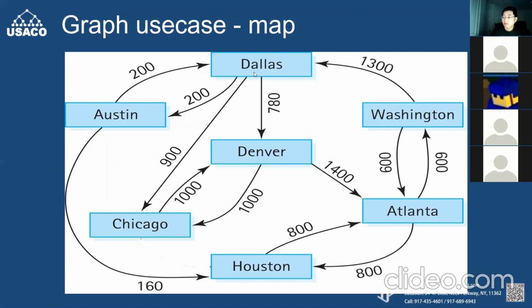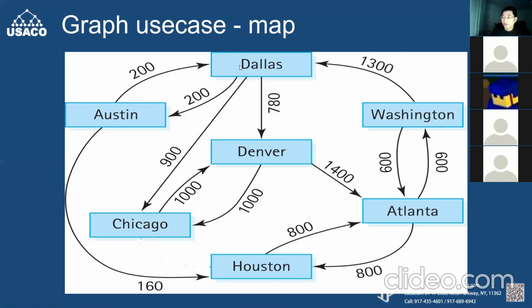Say I want to go from Dallas to Houston. How can I go? You can go from Dallas to Austin first, and then from Austin to Houston. That's one way.